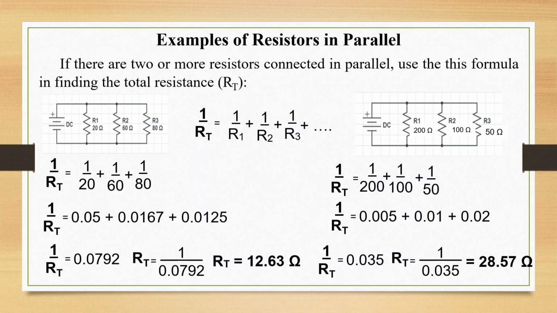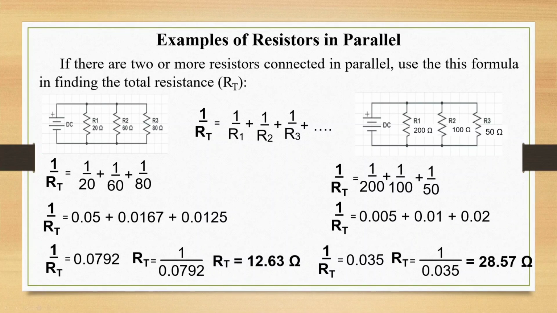For resistors connected in parallel, remember this. The total resistance must be lower than the smallest value of the resistors. Again, the total resistance of resistors connected in parallel should be lower than the smallest value of the resistor.